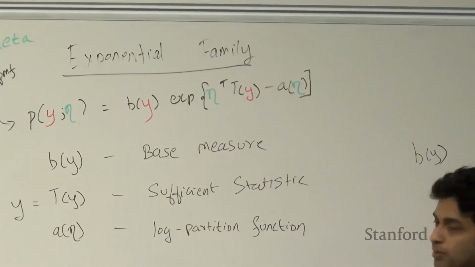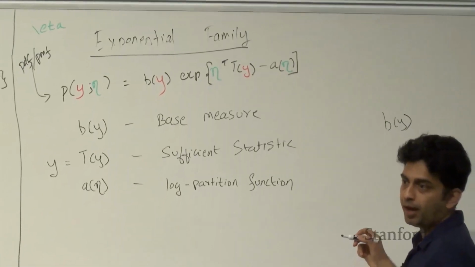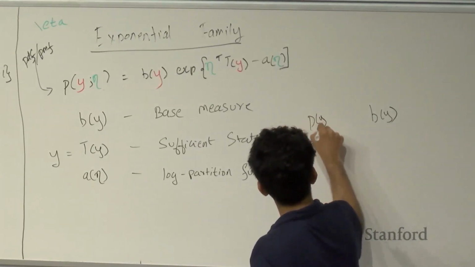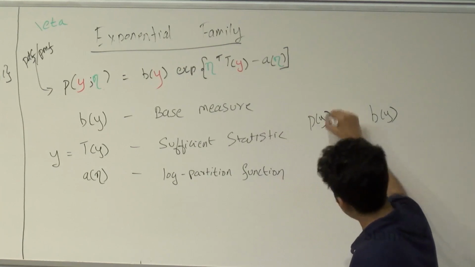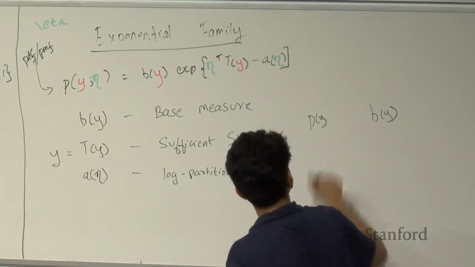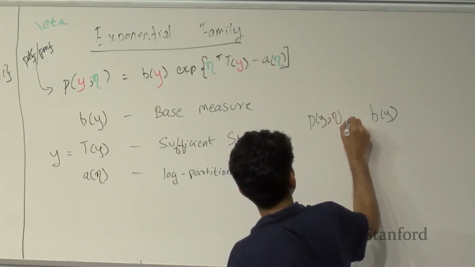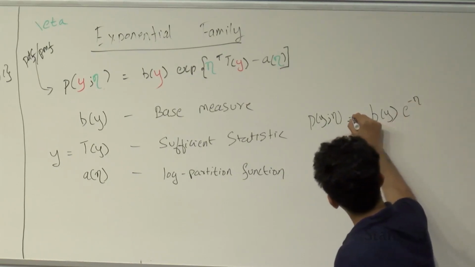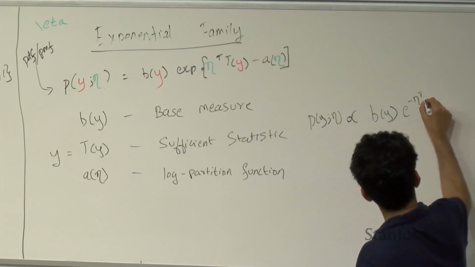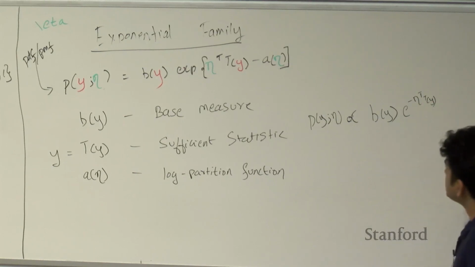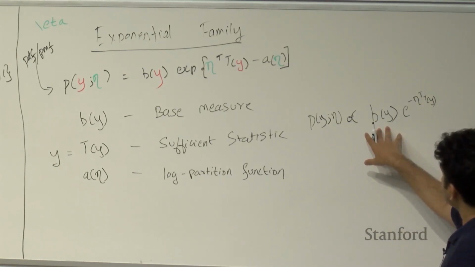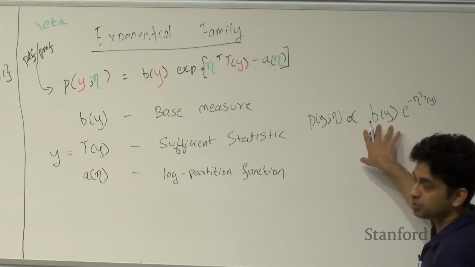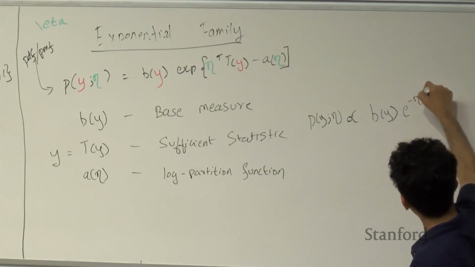Assume it is some probability density, and come up with a new distribution whose density is proportional to the density of the base measure times the exponent of the parameter times the data.